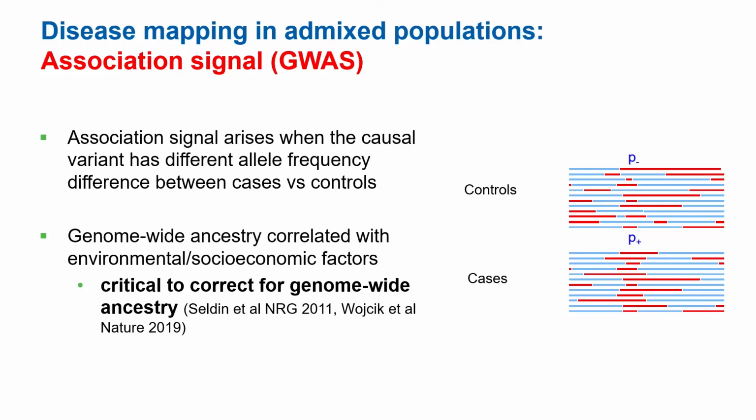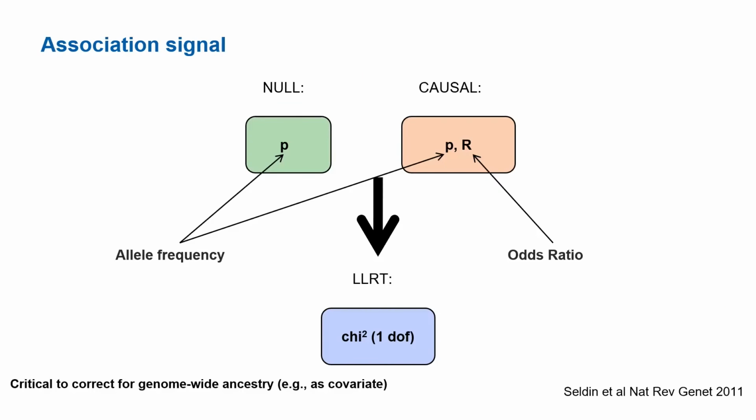What GWAS is looking for is an association, or a difference in the frequencies of a particular mutation, in cases versus controls, people that have or don't have the disease, which is rather straightforwardly modeled by a likelihood ratio test, where we're simply testing for an effect size of a particular mutation or a particular variant in the causal versus the null model. So I put it here as a likelihood ratio test, but obviously you can craft this in all sorts of different ways to run this association stat.